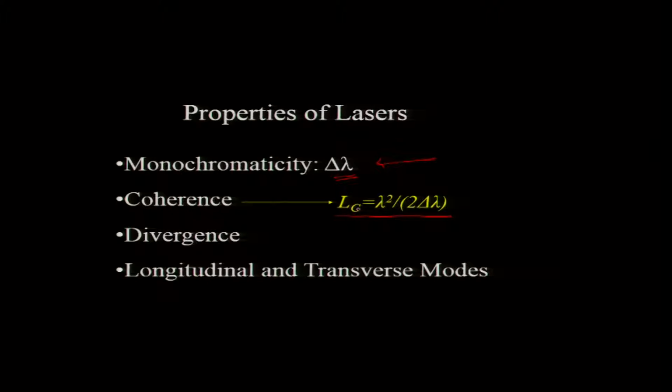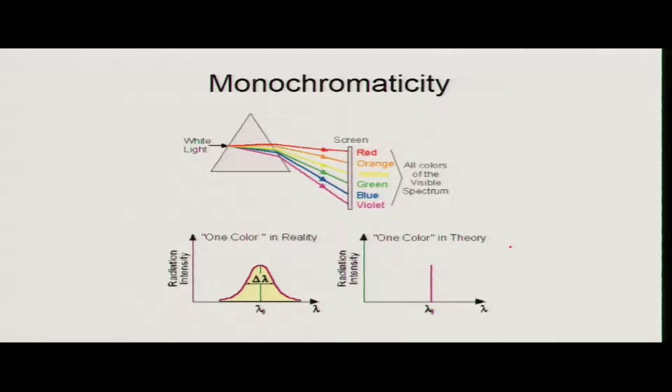It is given in terms of coherence length Lc = lambda squared over 2 delta lambda, where delta lambda is the monochromaticity. Divergence is similarly another aspect which measures how much of the laser is spreading out with distance, and there are both longitudinal and transverse modes which are there in the laser, which we will discuss.